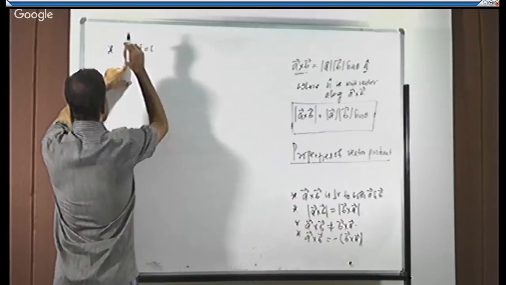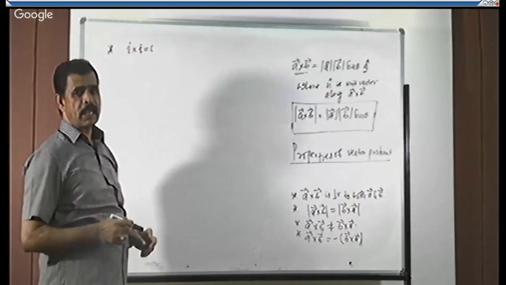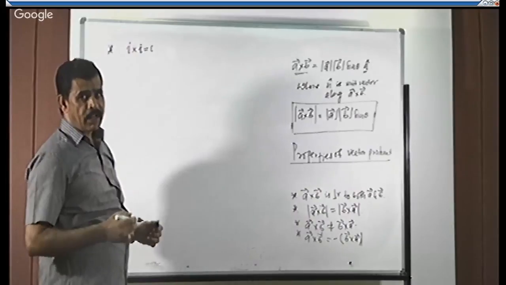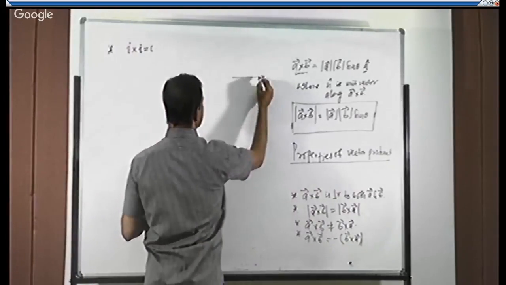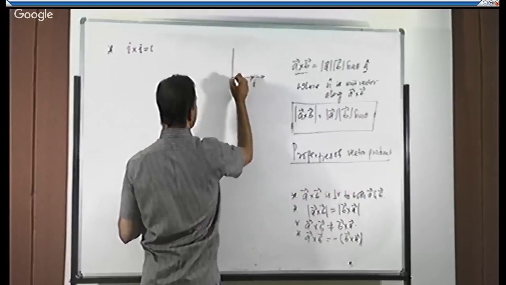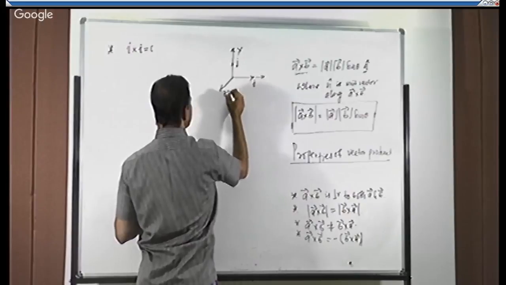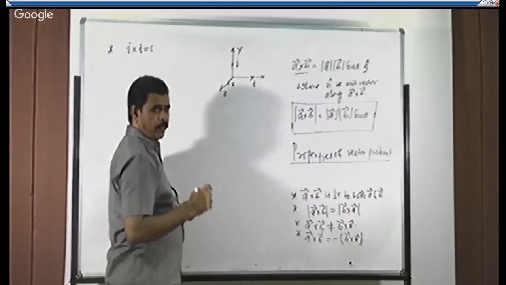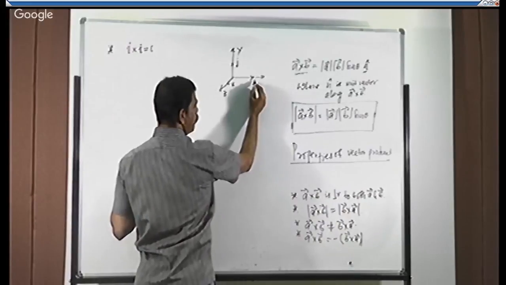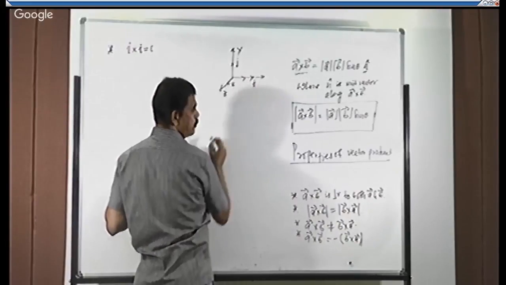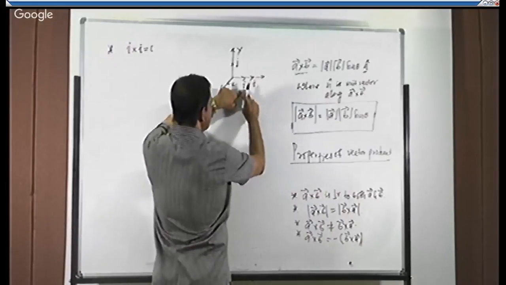If I take the same type of unit vectors, I cross I, J cross J, K cross K, which are acting in the same direction, they will be in the same direction, I into I.